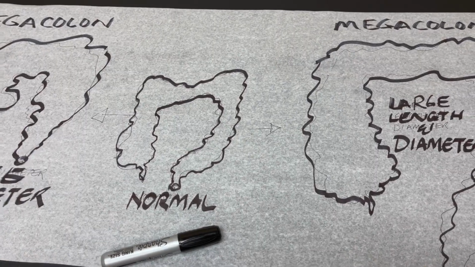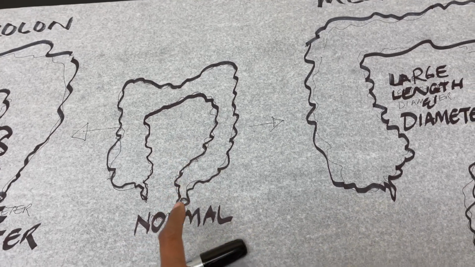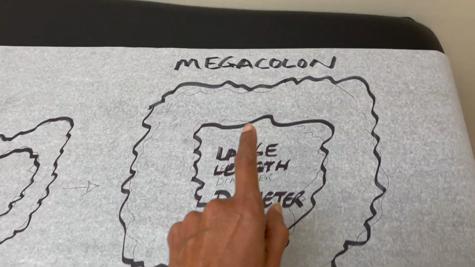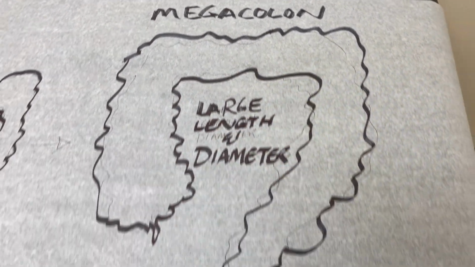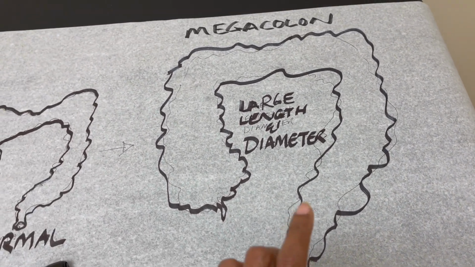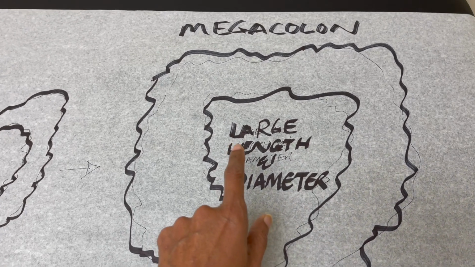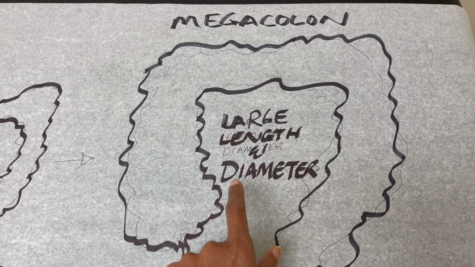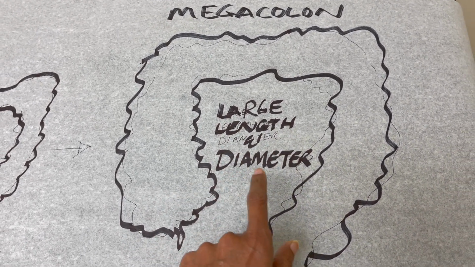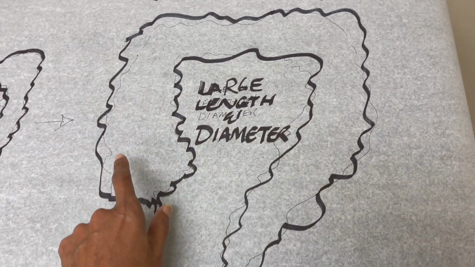So now that you know what a normal colon representation is, let us talk about megacolon or large colon, which I have quickly drawn up. This megacolon, in my experience, could be both long in length as well as large in diameter, as you can see in this colon.